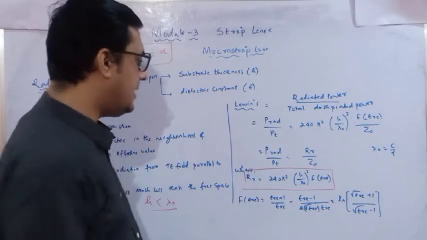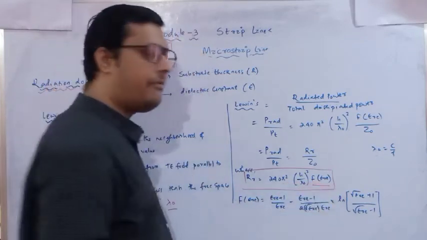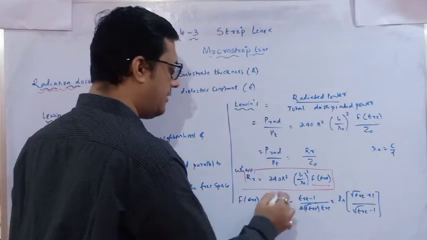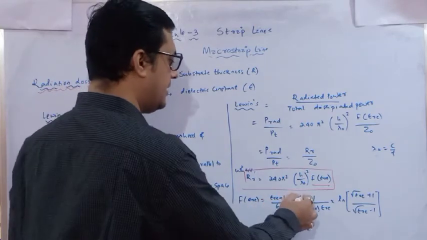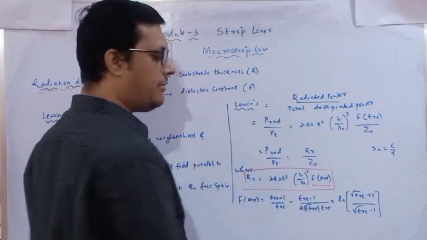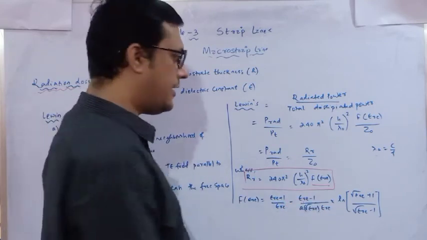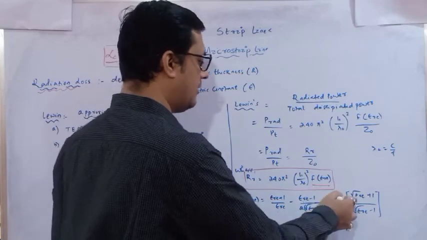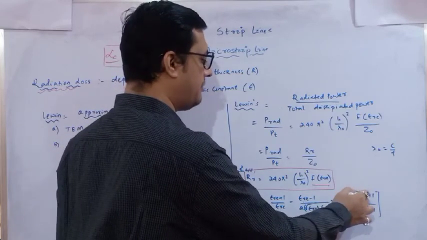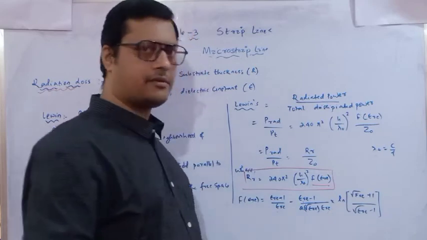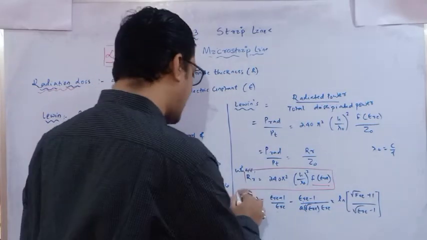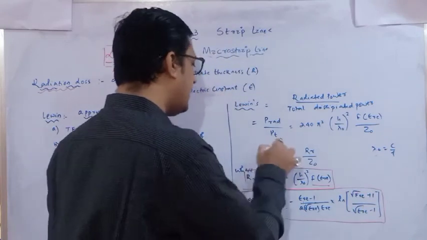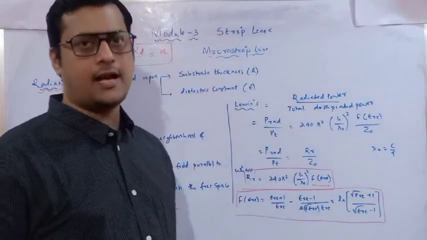This function F of epsilon Re is epsilon Re plus 1 divided by epsilon Re minus 1, divided by twice root epsilon Re, into ln of root epsilon Re plus 1 over root epsilon Re minus 1. These are the standard functions for the relative permittivity in which the radiation loss is identified.